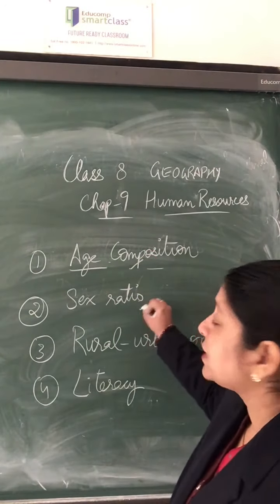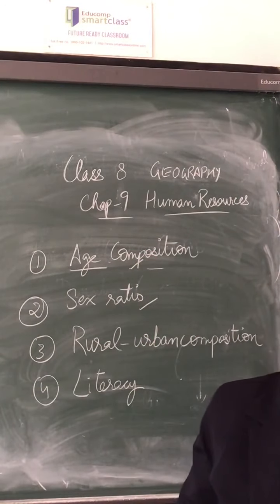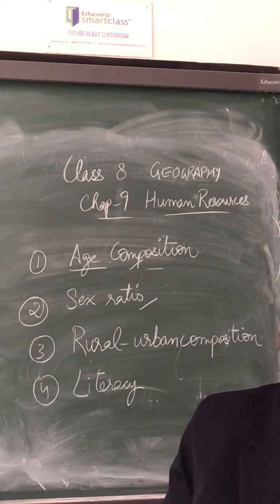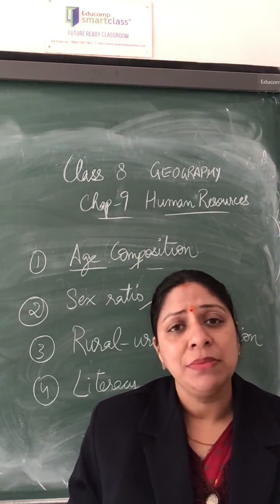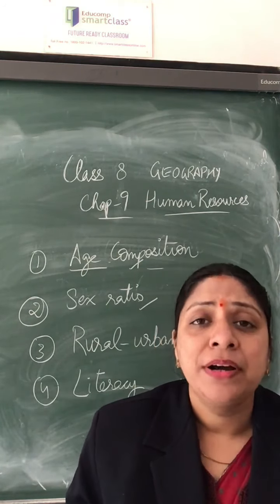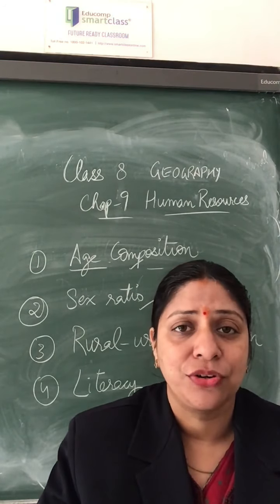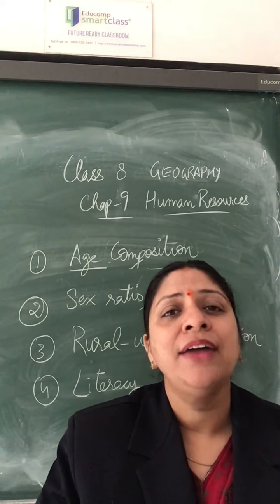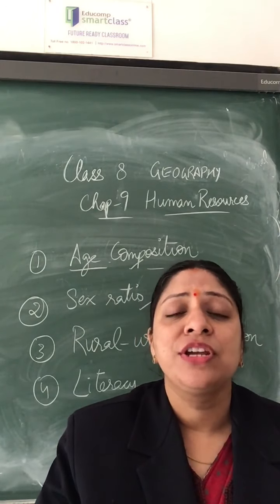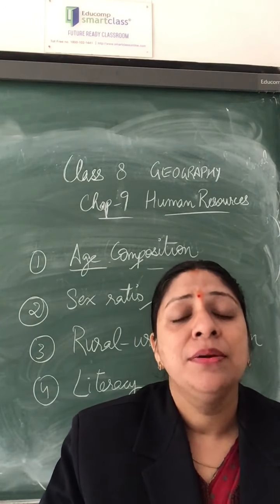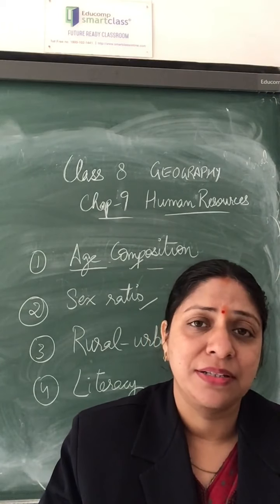The second thing is the sex ratio. What do you mean by sex ratio? The number of females counted per 1,000 males is called the sex ratio. In our country, unfortunately, the sex ratio is 940 females per 1,000 males.